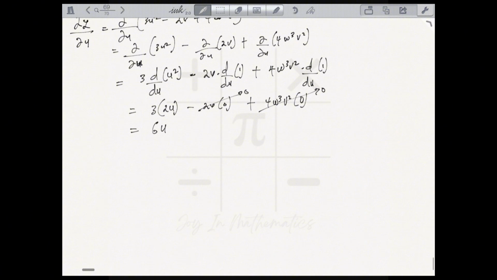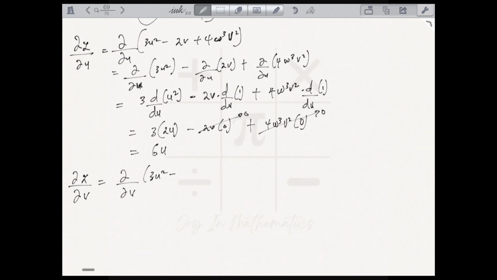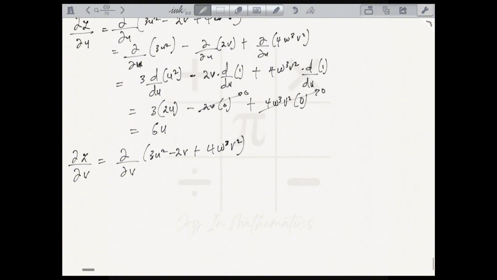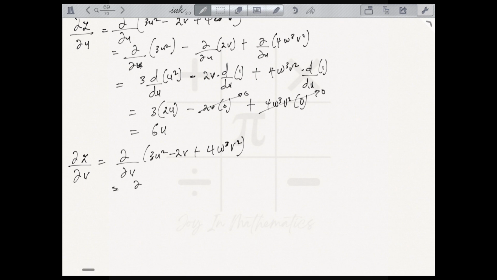The same thing is done for dz dv. Now for dz dv, we are differentiating partially with respect to v of 3u squared minus 2v plus 4w cubed v squared. Let's split further. Then we have 3u squared, minus the partial derivative of 2v, plus the partial derivative with respect to v of 4w cubed v squared.